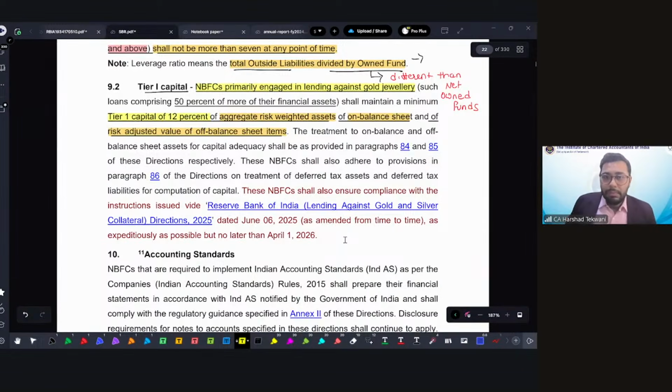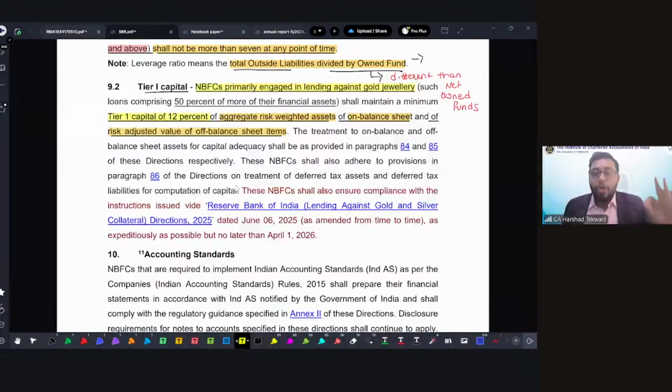So the term primarily engaged in lending against gold jewelry means such loans should be more than 50% of your financial assets. Then only can I say that you are primarily engaged in the business of lending against gold jewelry. Otherwise, you cannot classify under this. Clear? Yes, sir. Clear.